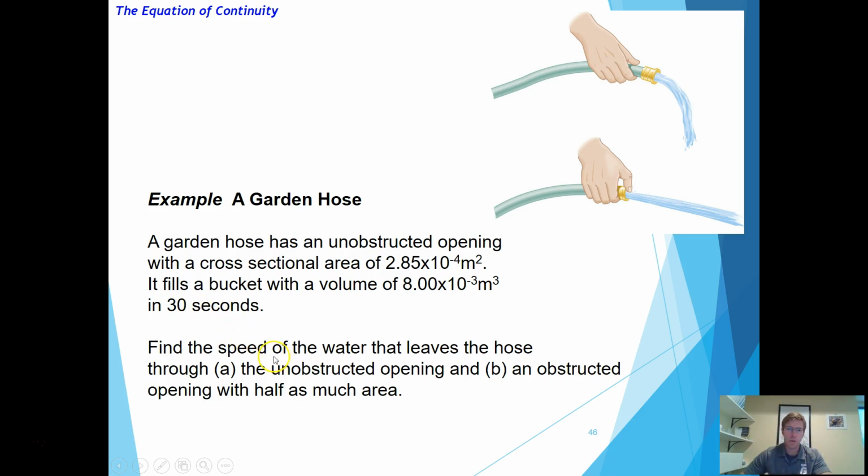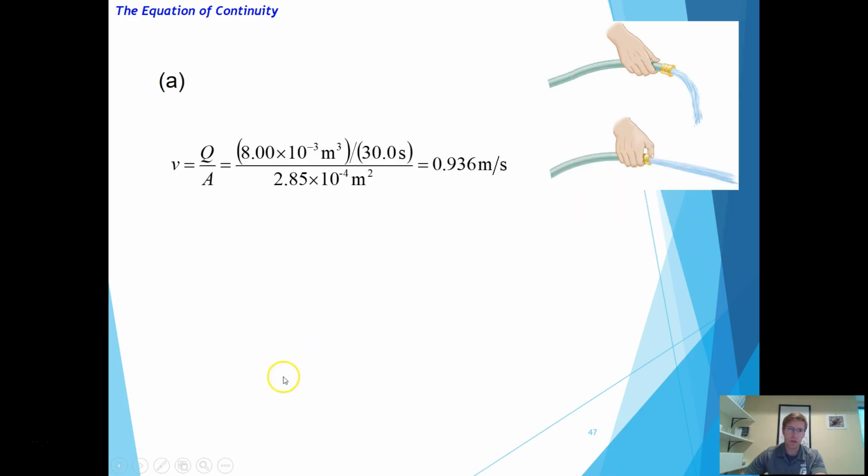Okay? So I want you to tell me, first of all, what is the speed of the water leaving the hose when you don't obstruct it? And then if you were to obstruct it by covering it by half, how fast is the water going to be coming out? And then the last question is, is that going to make it fill up any faster? So, first question is to find the speed. All right, so speed is just volumetric flow rate over the area.